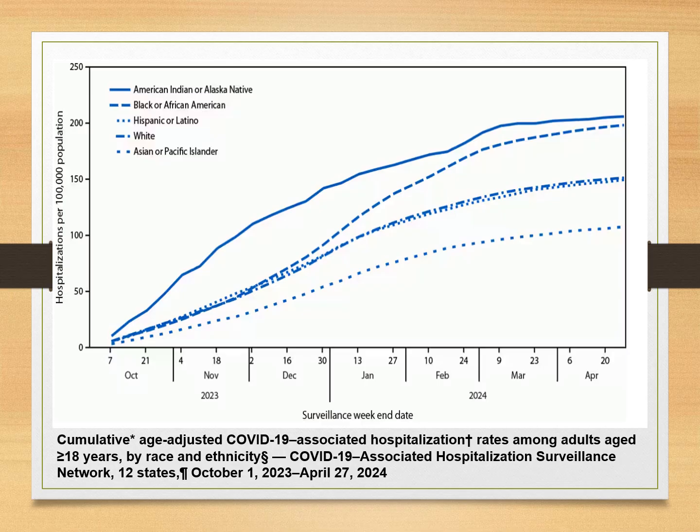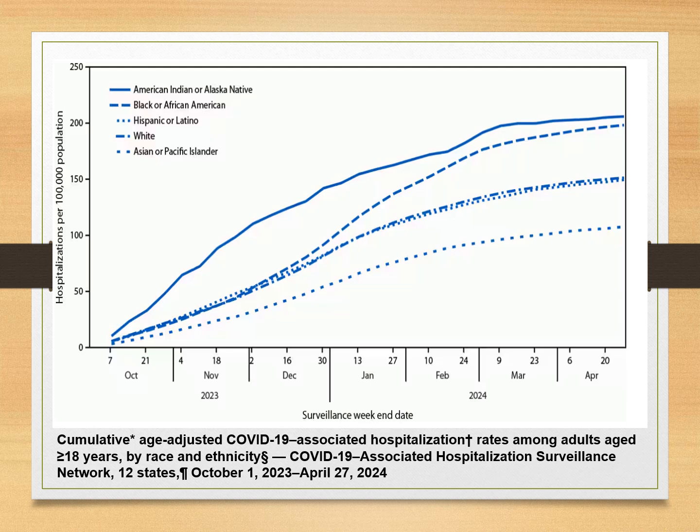As a recent example, what you are seeing here is the age-adjusted rate for COVID-19 patients from October 2023 to April 2024. The data shows that American Indians and Alaskan Natives experienced the highest hospitalization rate compared to other groups.